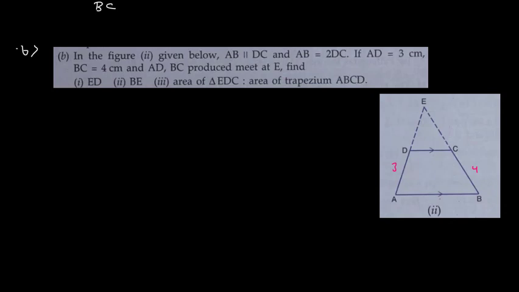We will say that in triangle ABE and triangle DCE, in these two triangles, angle ABE is equal to angle DCE. The reason is, you know that AB is parallel to DC and these two angles are corresponding angles.